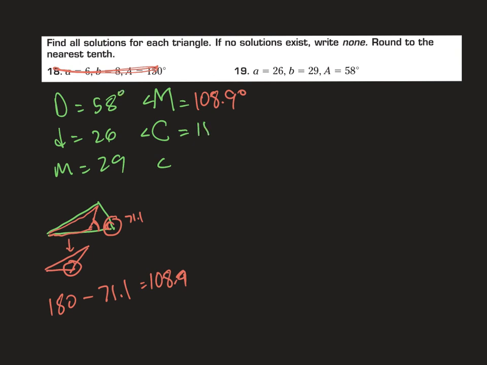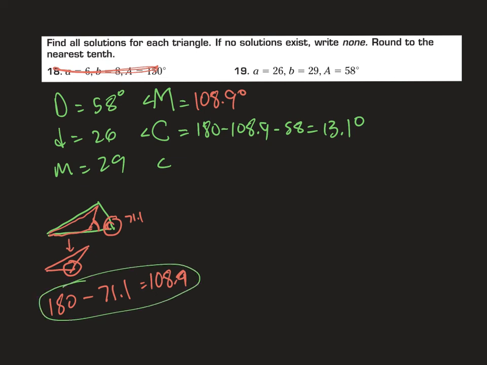We're going to do 180 minus 108.9 minus 58, which actually equals 13.1 degrees. So angle M we get by remembering that there's an ambiguous case. The second case, you use 180 minus the M that you found in the last problem. Then we finish this off by getting angle C using subtraction.